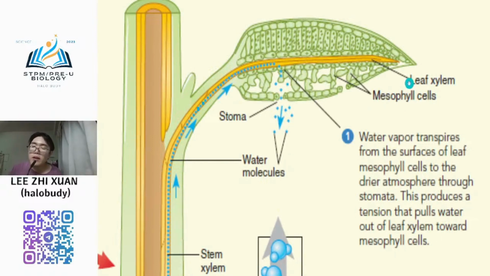Palisade mesophyll and also spongy mesophyll, and then lower epidermis, upper epidermis, and vascular tissue also occur there. The mesophyll cells are highly containing chloroplast, so photosynthesis occurs in your leaf.